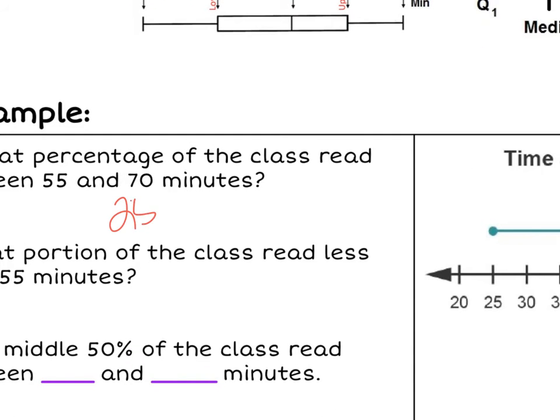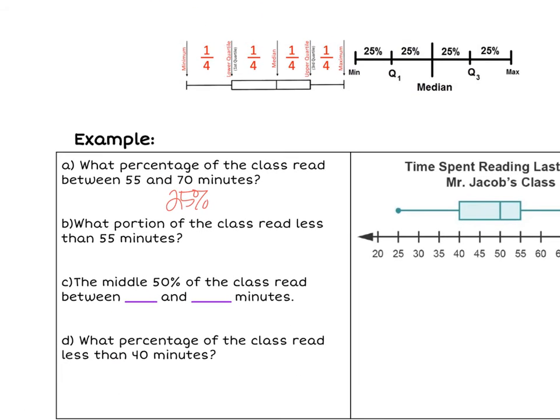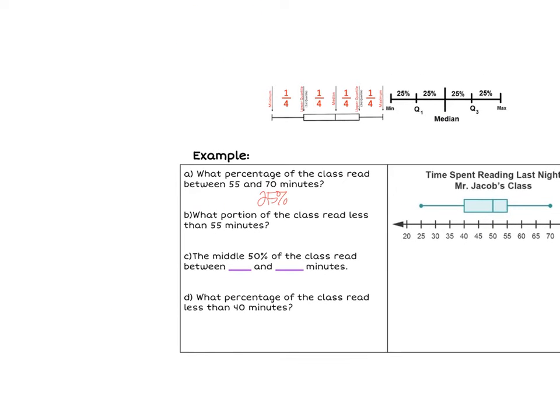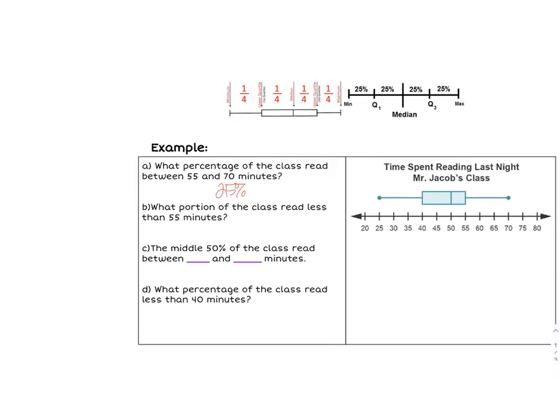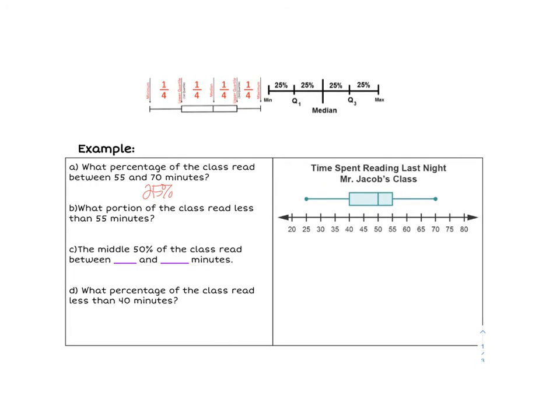That would be 25% of the class. Remember, each section we just talked about is worth 25%. So in Mr. Jacobs' class, in that last section between 55 and 70, that would be 25%.